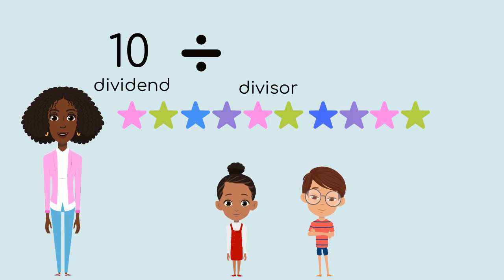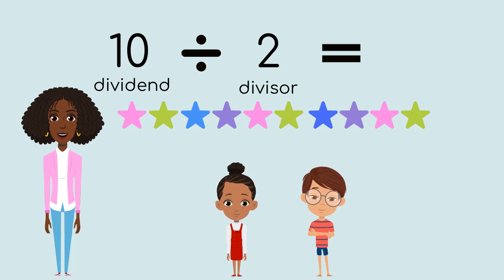What's our divisor? 2. That's right. We are separating the number 10 into 2 equal groups. So our division problem is 10 divided by 2. Our answer or quotient will tell us how many stickers each friend will get.